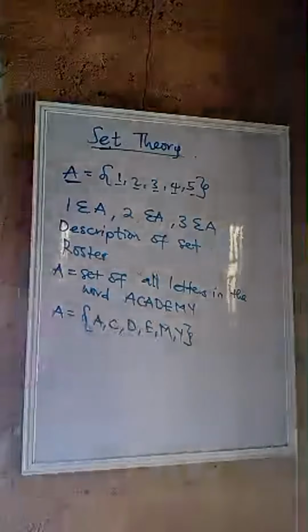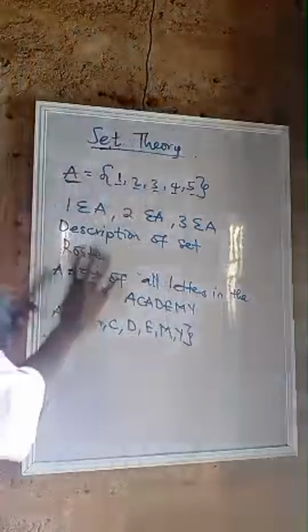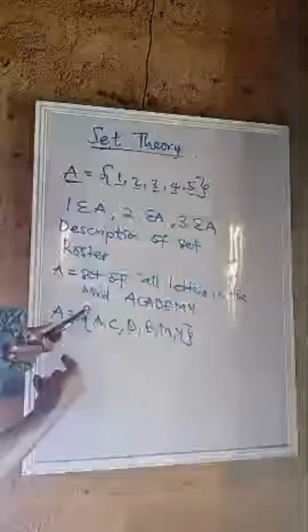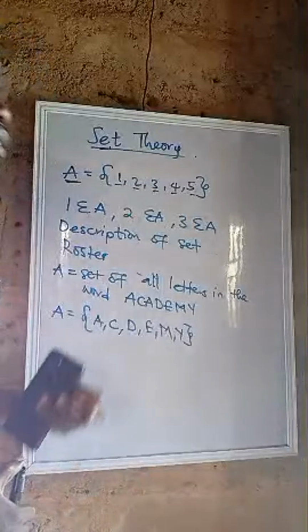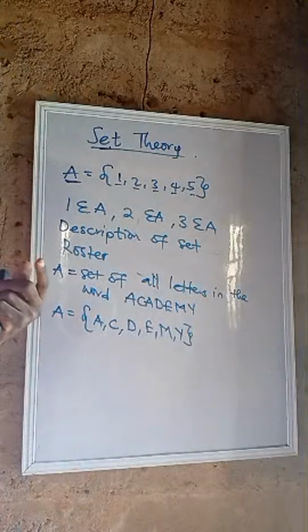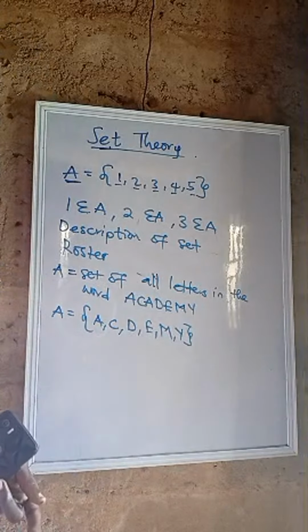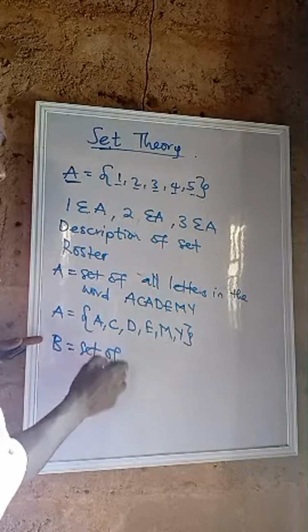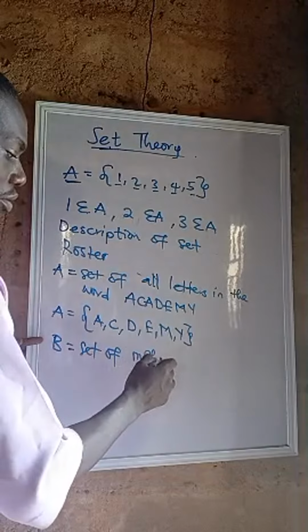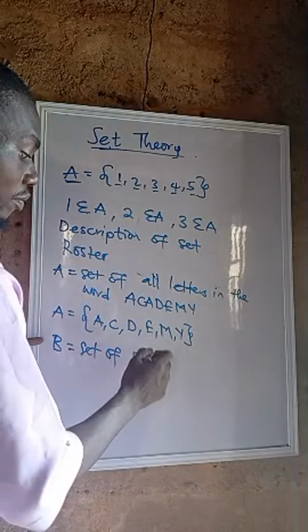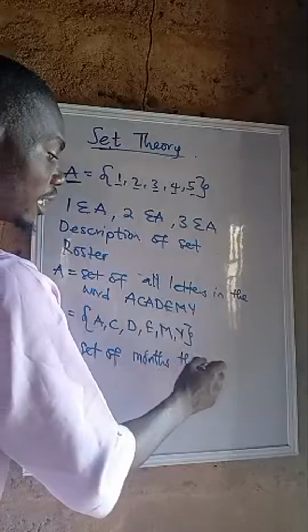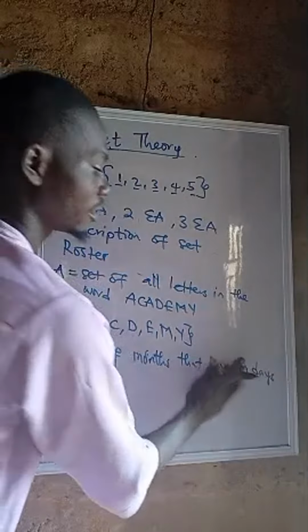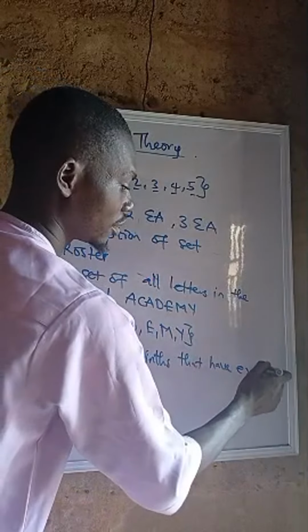Now moving on. That is for roster. Just note that you don't have to repeat a letter. Then you can have, let's say, B, the set of months that have exactly 30 days.